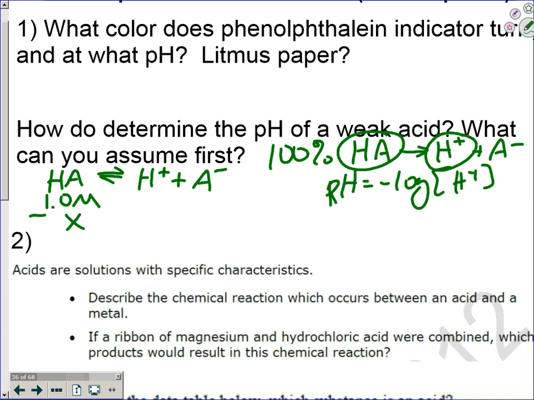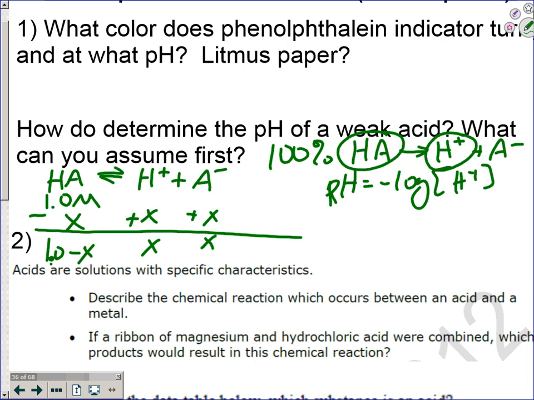As I react on one side, I'm producing on the other side, right? Law of conservation of matter, as it reacts, it makes stuff. So I'm going to make, meaning add, X amount of H plus, and then the same thing for the 1-to-1 ratio here with A minus. So at the end of the reaction, I have 1.0 minus X. Kelsey with me? And then I have X and X.